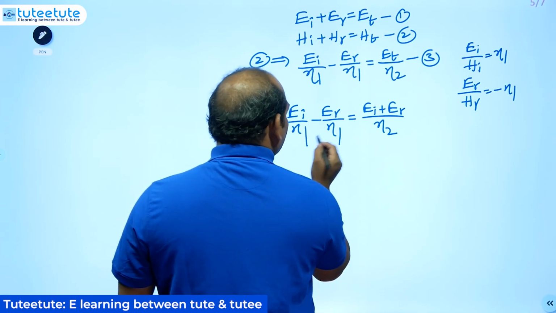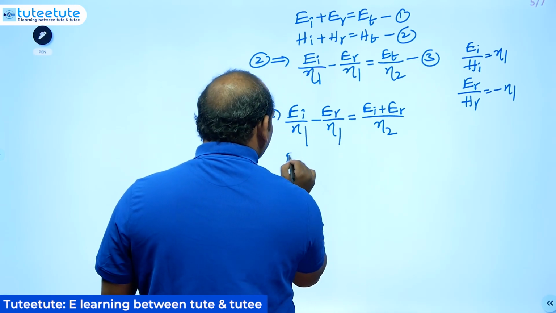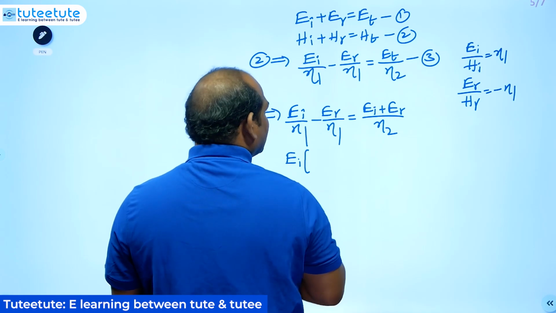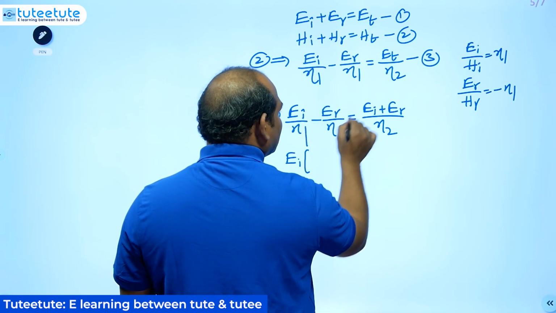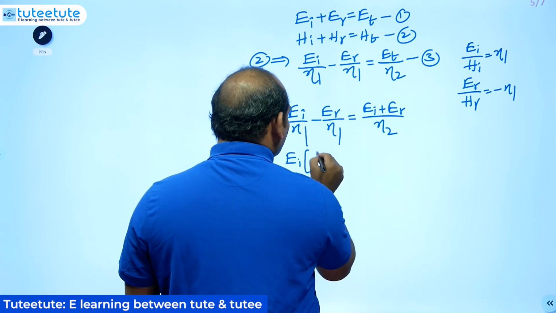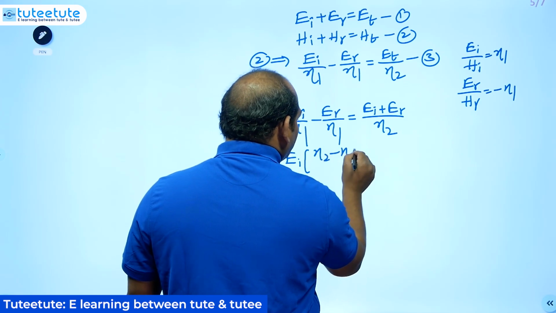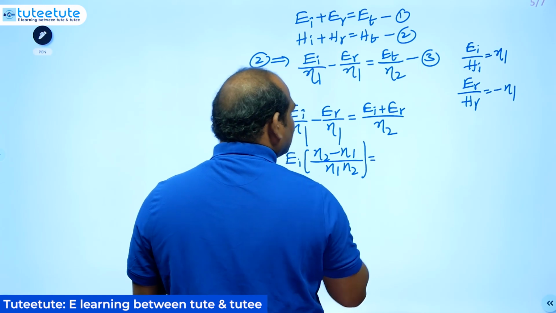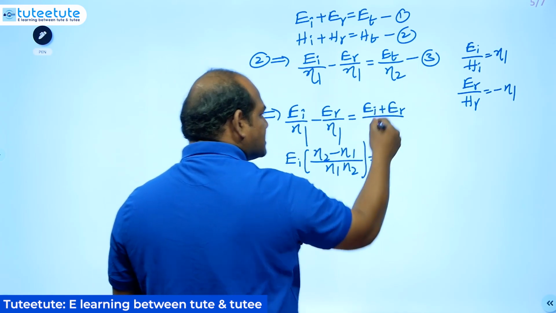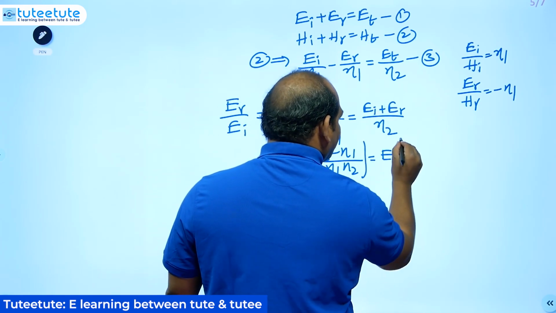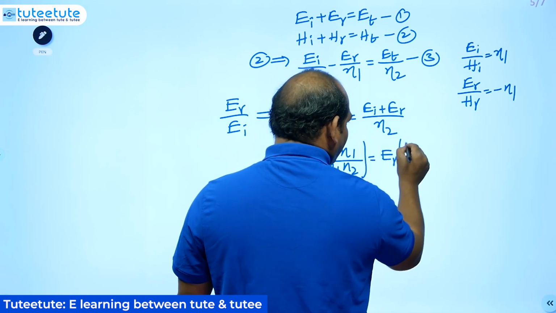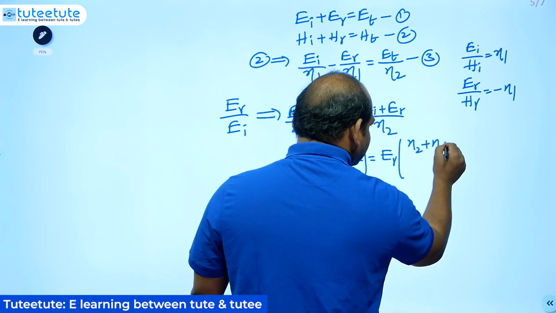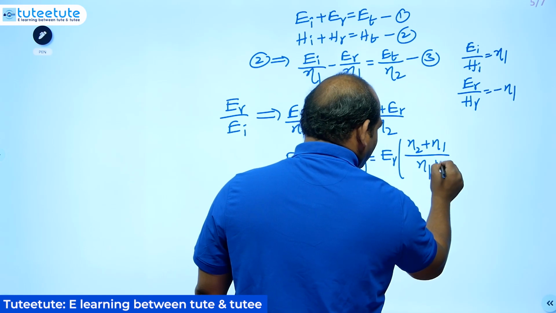So wherever the EI terms are there, you take common. EI, if you take common, 1 by eta 1 minus 1 by eta 2, and if you take the ratio, we get eta 2 minus eta 1 by eta 1 eta 2. This is equal to, by sending the ER term to this side, ER times 1 by eta 2 plus 1 by eta 1, that is eta 2 plus eta 1 by eta 1 eta 2.